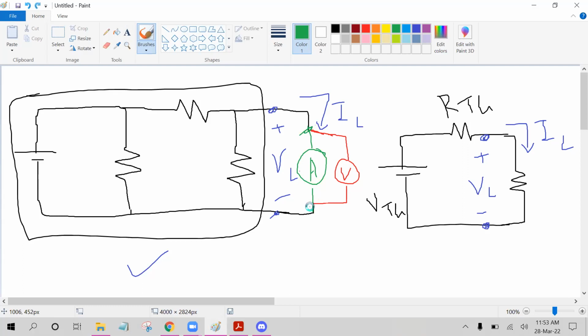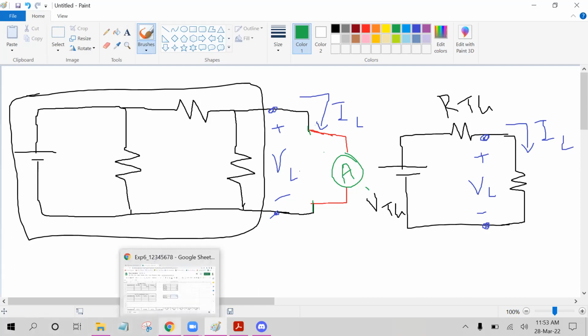So we do not need to connect any short circuit or any extra wire like this one. What we need to do is just simply change this voltmeter to ammeter mode. That's it. This is the series connection. Is it clear?